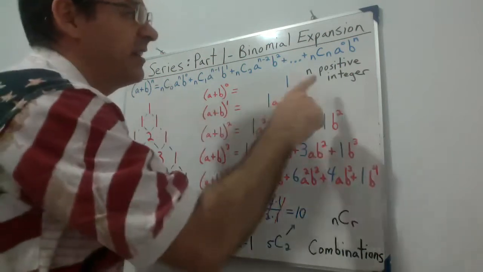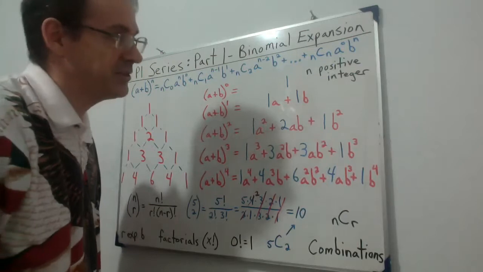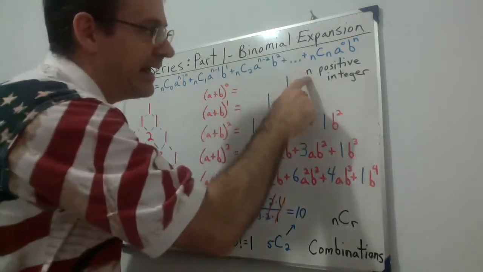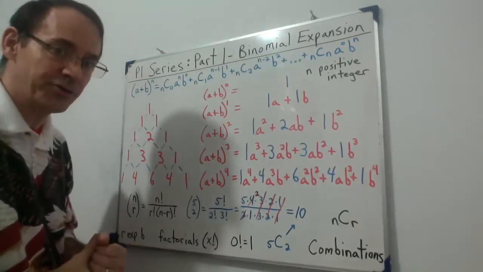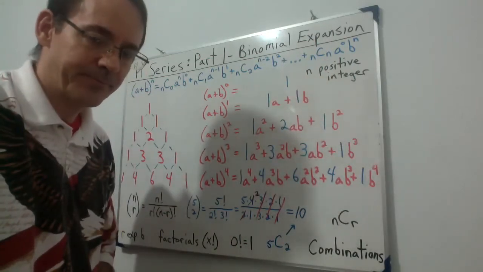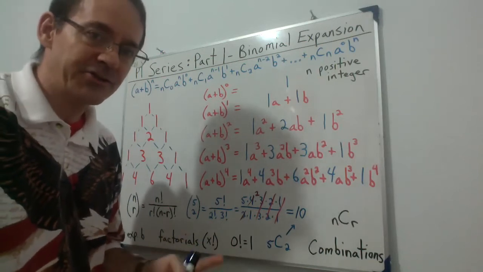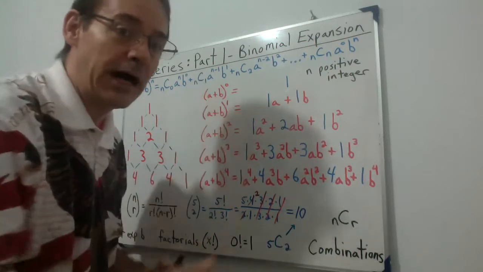But before we get to that, we should note, as I was pointing out on the formula sheet, this formula is specifically for when n, that means the power that we're raising our binomial to, is a positive integer. Okay, so integer means there's no fractions or decimals, and it's positive.